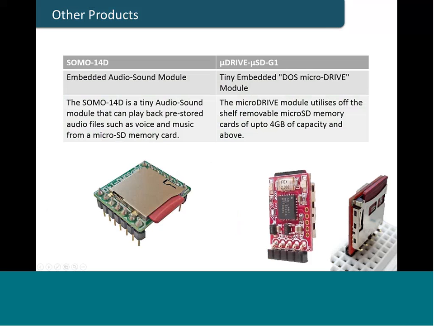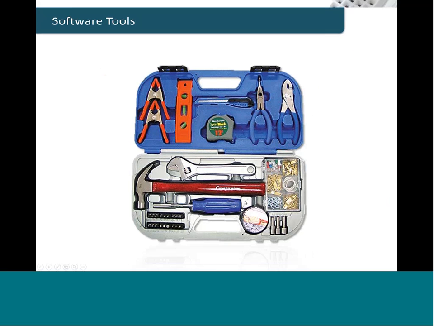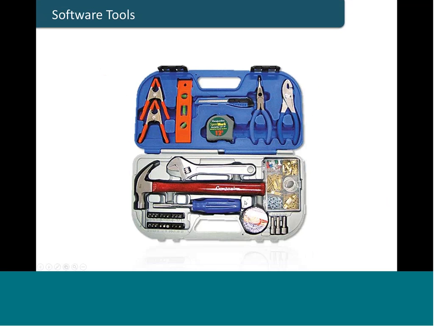We have a small sound module for when you need a little more space for your sound and wave files. And we have a small micro drive module that you can use for data logging and those types of applications. Of course, our hardware tools are nothing without software tools, so this is really the central part of this presentation.